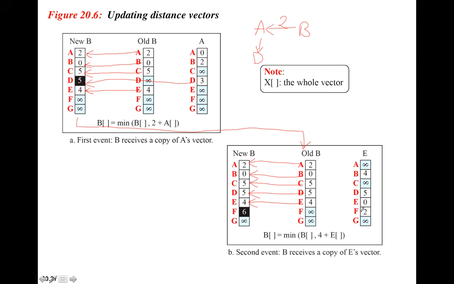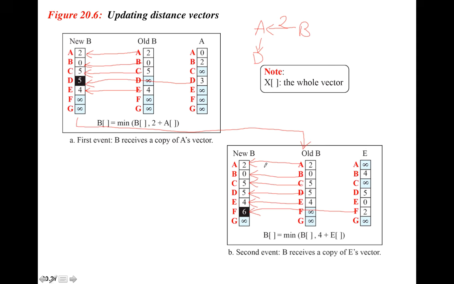We have F, which is 2. And what is the distance from B to E? The cost is 4. So we now add 4 plus 2, which is 6. So the cost from B to F via E is 6.